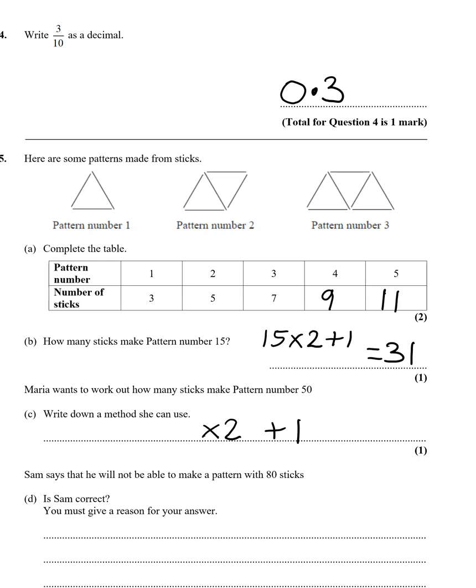Sam says that he will not be able to make a pattern with 80 sticks. Is Sam correct? Well, let's work backwards. If we take the 1 off, so if we do 80, take away 1, 79. Now, if we half that, we're not going to get a whole number. So, no. Also, these are all odd numbers.